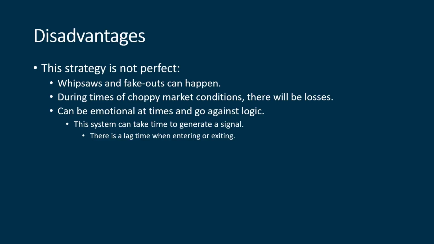But it's a disadvantage when you're waiting to get in and you see something happening, but you don't see confirmation with the signals. It can take some time for this to generate a signal. So you're not going to get in at the exact bottom or get out at the exact top. The idea behind this strategy is you get most of the juicy part of the move.